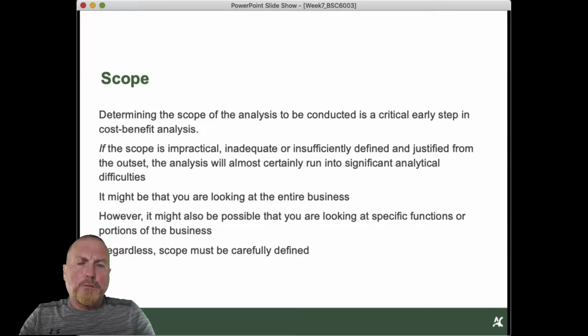When you go into a business, and if you're going to do a business case on anything for an employer or for any kind of energy consumption situation, you need to understand what's going on with the organization and what the scope of the analysis is. Are you proposing to change their entire energy system? Are you looking to change certain elements of their energy system? What is the scope that you're talking about? It's very important to do that.